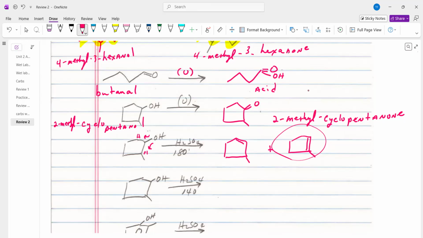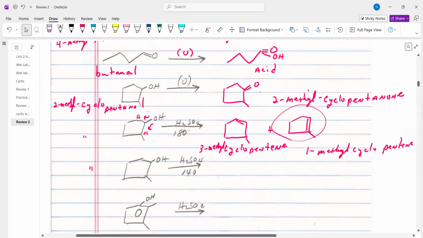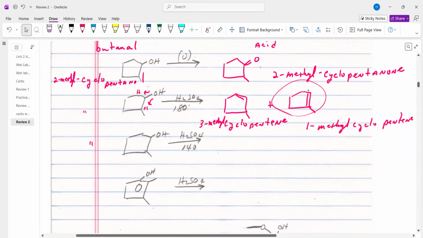Same here. These are all 2-methyl. Okay, so this is going to be a... and this one's going to form an ether at lower temperature.